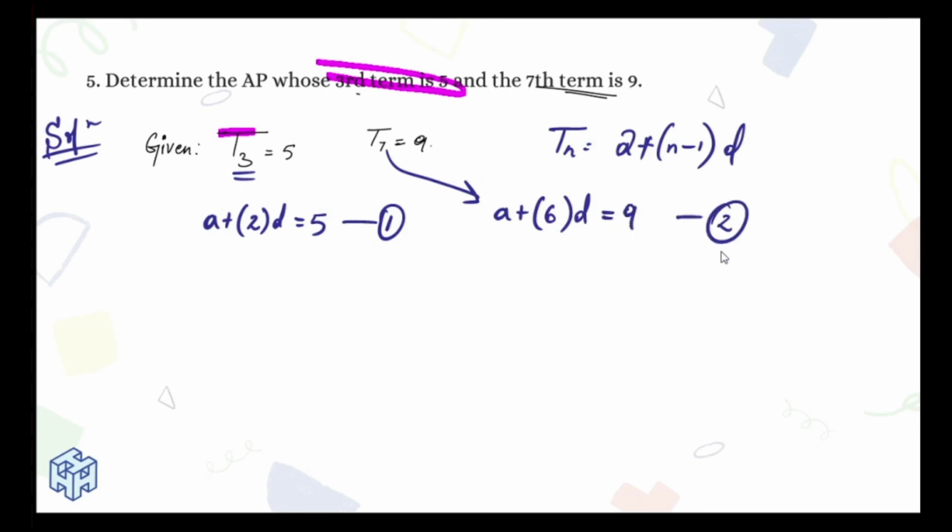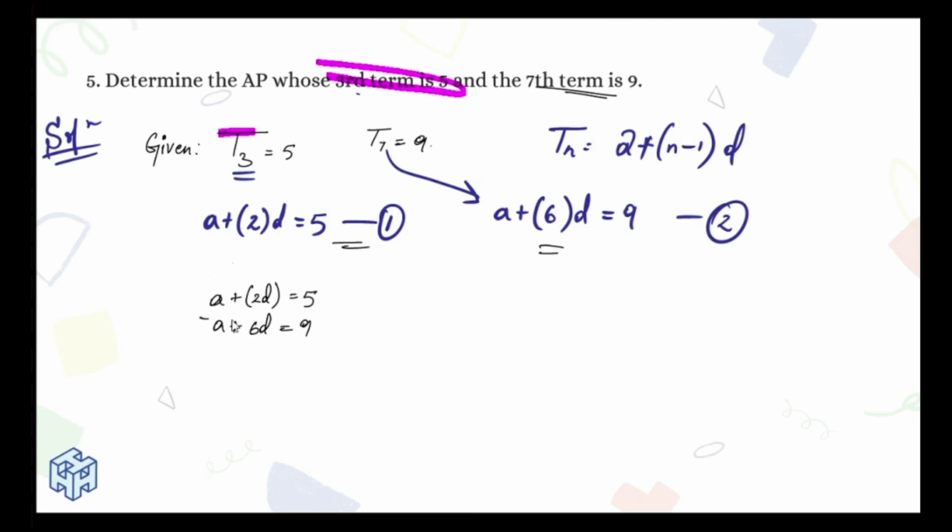This is our equation 2. Now, since these are in simultaneous equation form, we can solve this very easily. So let us write equation 1, that is a plus 2d is equal to 5, and then the second equation, that is a plus 6d, which is equal to 9.